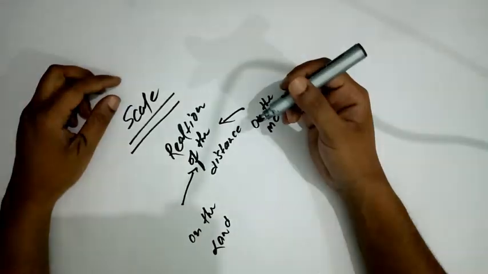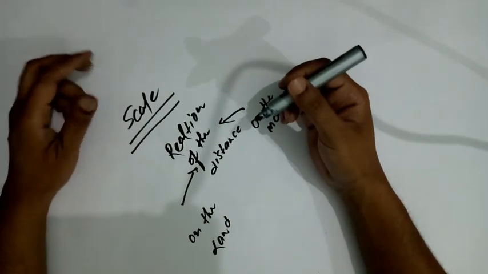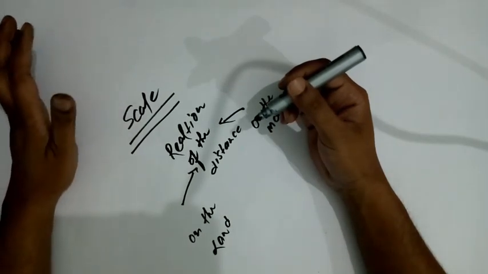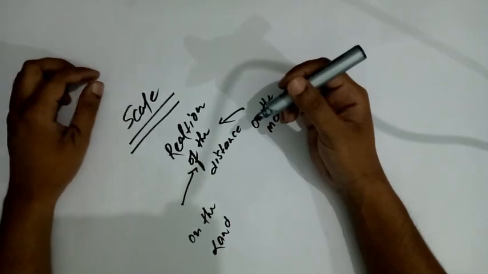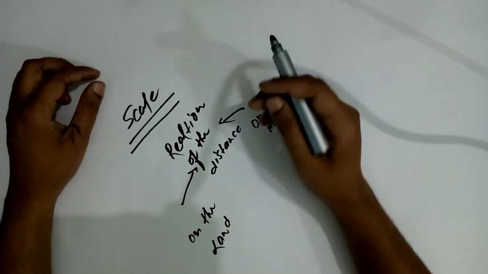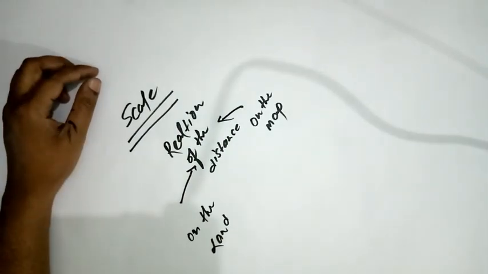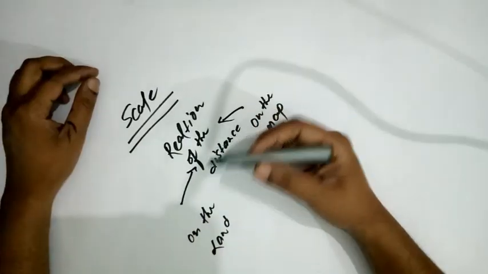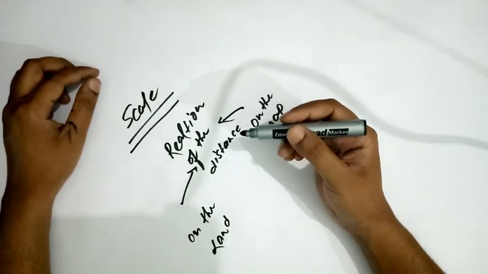So what is scale? Scale is a ratio between a distance measured on a map and a corresponding distance on the land, connecting the 2 points represented by the same unit. So that is the definition of scale. A scale is a measuring line which shows the relation between 2 points. What are these 2 points?